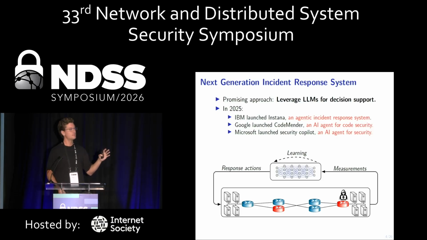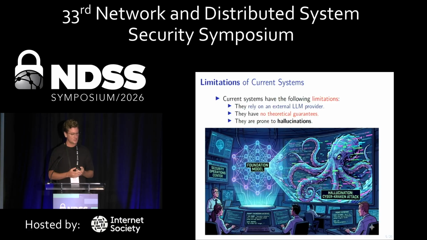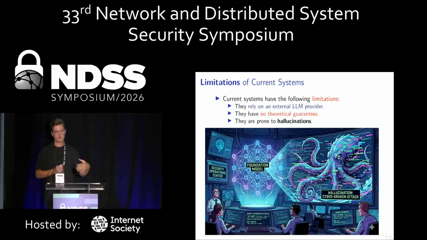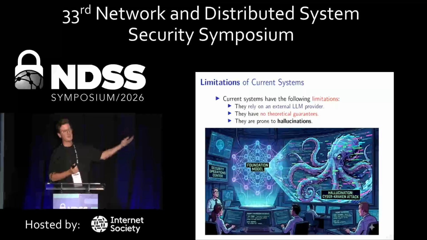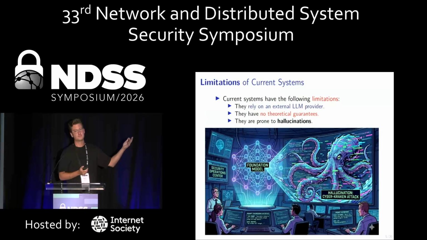But from an engineering point of view, so I come from electrical engineering, it has a lot of fundamental limitations, this approach. And one of the main limitations is that all of the existing systems are based on external LLM providers. So they require you to send potentially sensitive information about your incident to Google or OpenAI in order to generate the response.